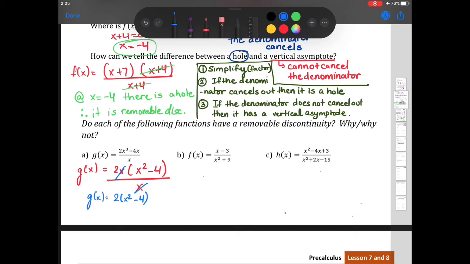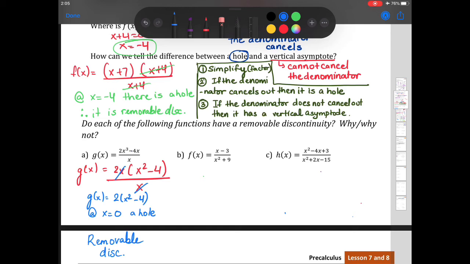That's your function. Since you were able to cancel out your denominator, at x equals 0 there will be a hole, and therefore this is a removable discontinuity. I'm abbreviating it.